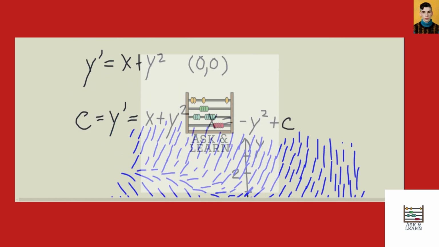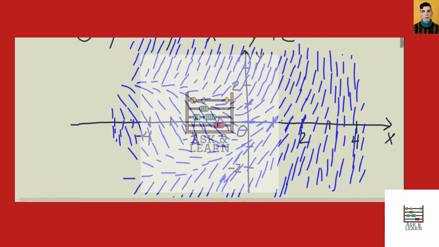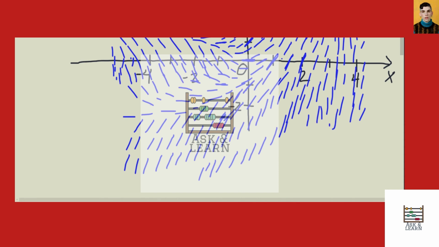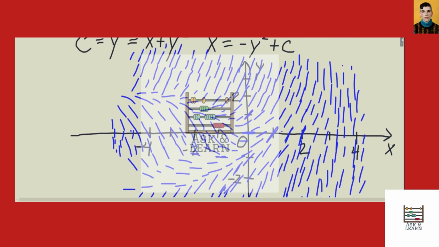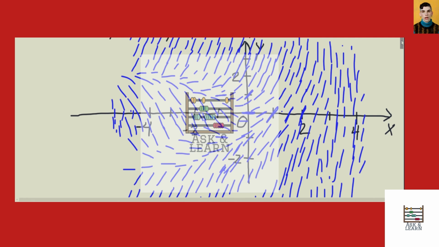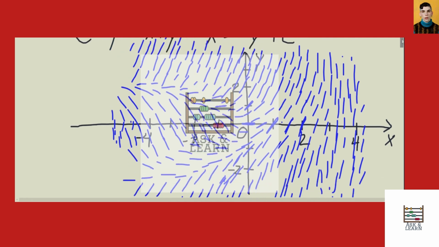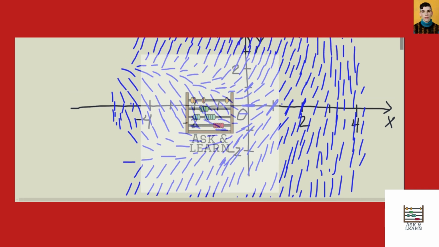So this is a rough representation of the slope field. This will make it a little more complete. So it's really just a bunch of nested parabolas which get thinner and thinner, and the slopes get more and more negative as we go towards negative infinity on the x-axis.